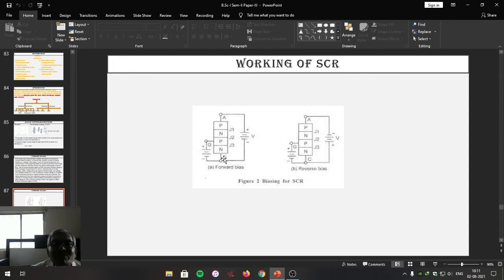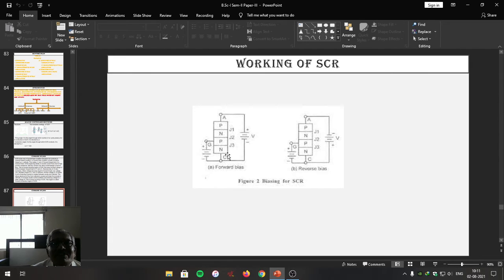Assuming J3 is forward biased, electrons from the N region and holes from the P region move towards junction J3. Here also the barrier potential reduces, the depletion layer width reduces, and at a particular externally applied voltage, the junction will break down and the SCR starts conducting the current.